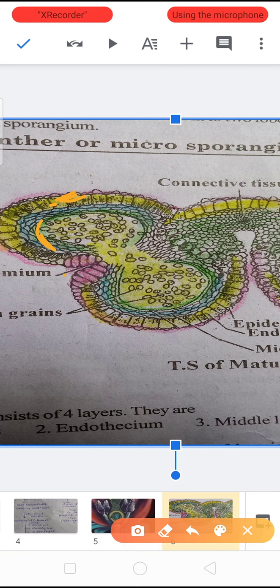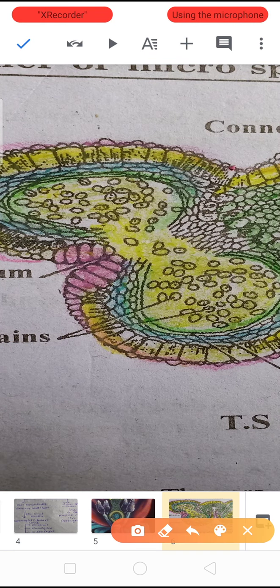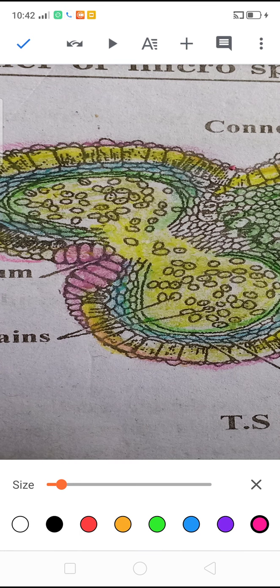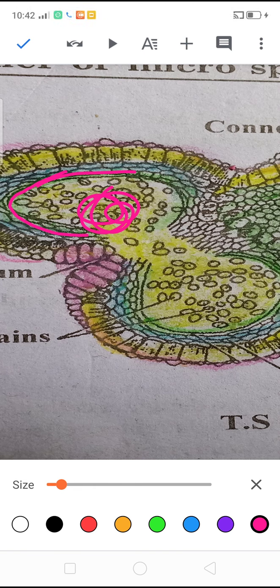Next, coming to the tapetum. This is the tapetum. The tapetum is the innermost layer of the anther wall. It surrounds the microsporogenous tissue.